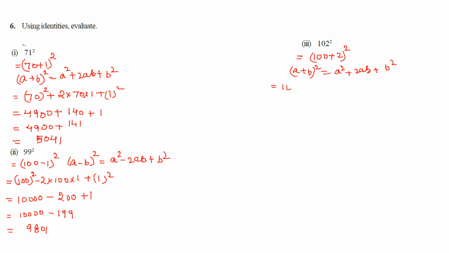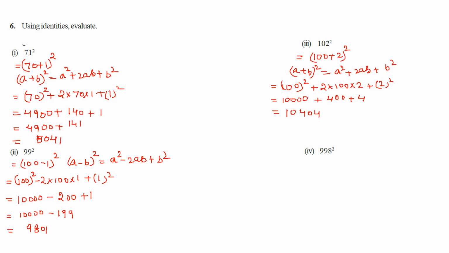So I can write 100 whole square plus 2 into 100 into 2 plus 2 whole square. So 100 square will give me, see, 100 is having 2 zeros, so the square will have 4 zeros. So 10,000 plus 400 plus 4. And if I add all, 400 plus 4 is 404. 404 plus 10,000 will give me 10,404.